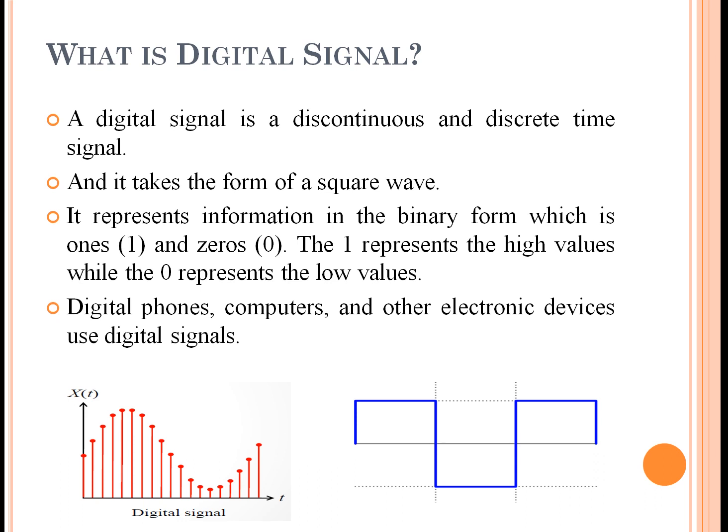For example, it is difficult to do long distance communication using an analog signal because of signal distortion and interference. So digital signals are a great solution for this issue because they are less prone to distortion. Therefore, in many applications, analog signals are converted to digital for clear and accurate communication.